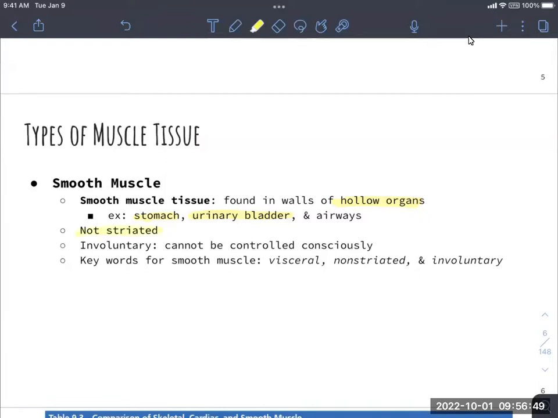That is where the name smooth comes from, because there's no striations like cardiac or skeletal muscle. You also cannot control your smooth muscle, so it is involuntary. You can't tell your intestines to digest food. You can't tell your stomach to finish breaking down any kinds of food. That just naturally happens without us consciously knowing it. So that is why it is involuntary.